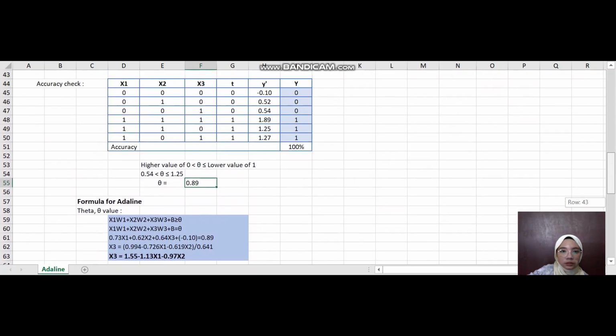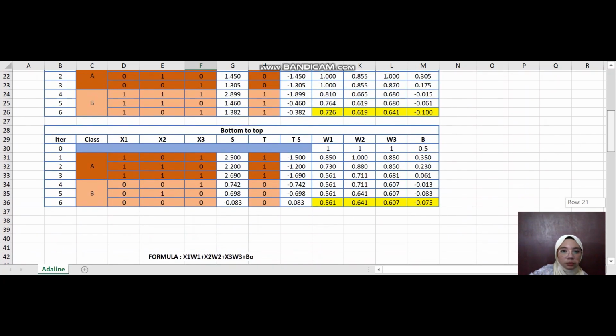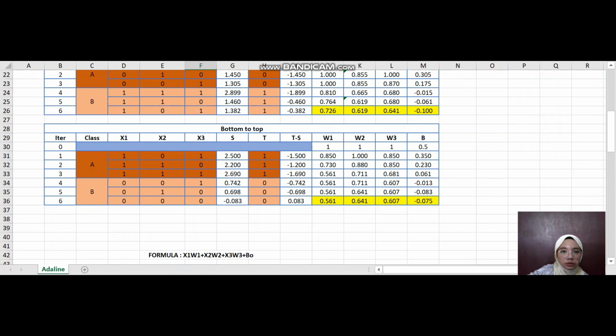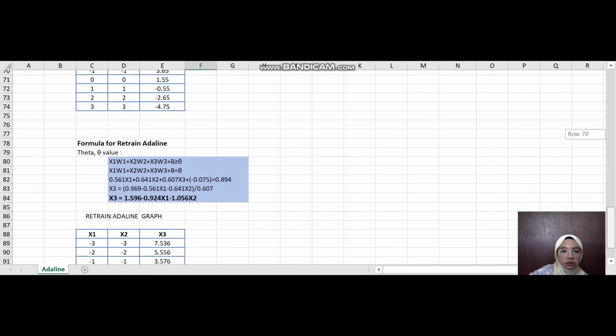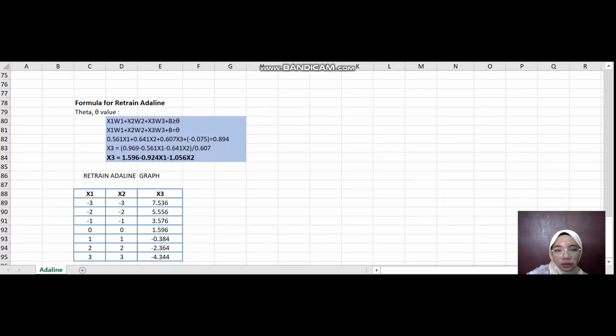For the retrain from bottom to top, it is also the same formula until we get the last values of w1, w2, w3 and b. To find the value of x3, we need to fill in x1 and x2.